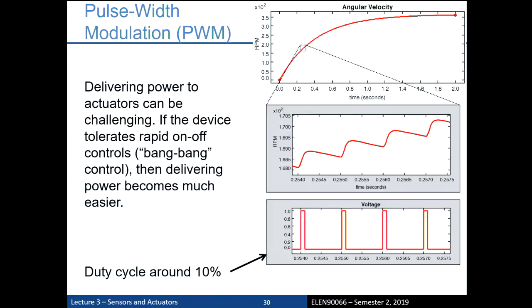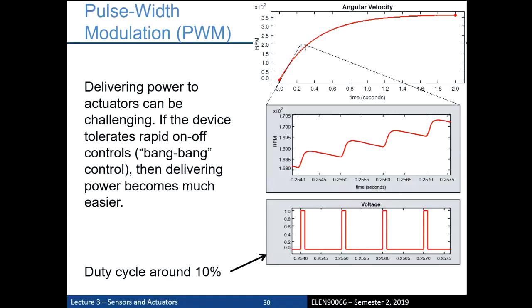If you applied a current to do that, you would need a significant current. You need a current amplifier to do it. It's quite messy to control something like that. But bang-bang control allows you, down the bottom here, to give rapid pulses, pulse width modulation essentially, to the motor and rely on the fact that motors have a bit of inertia to them.